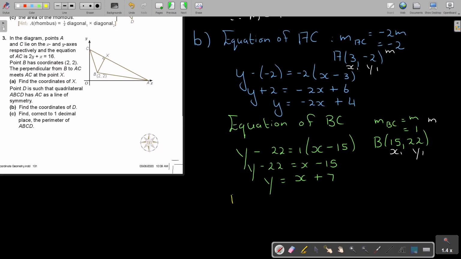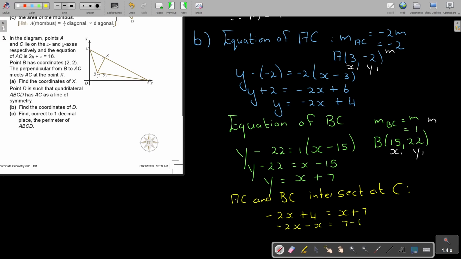I'm going to say AC and BC intersect at C. So I'm going to put these two equal to each other. I'm going to say negative 2x plus 4, and substitute it in there, is equal to x plus 7. So negative 2x minus x is equal to 7 minus 4.